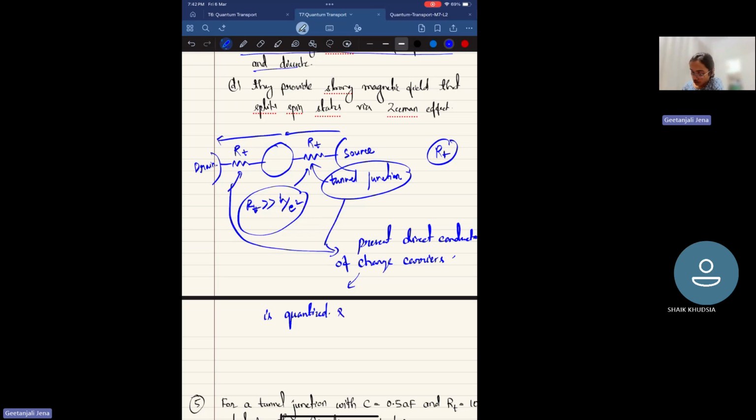And a charge carrier can be added to the dot only when the gate voltage or source to drain voltage is sufficient to overcome the charging energy. So this says that the tunneling is probabilistic.